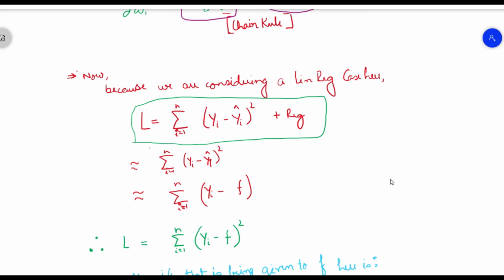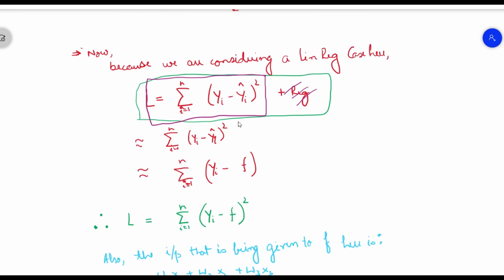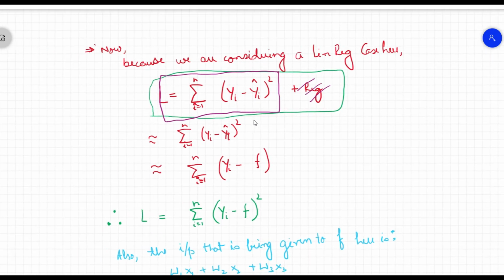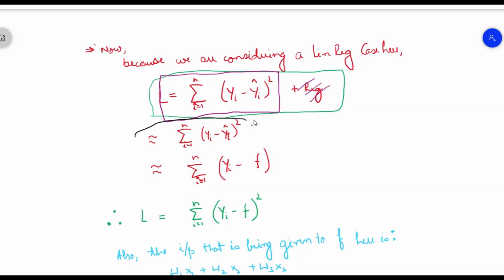For keeping the calculations simple, we will ignore the regularization part for now. So our loss function for linear regression in this case looks like only this part, which is mentioned over here. So L equals this.